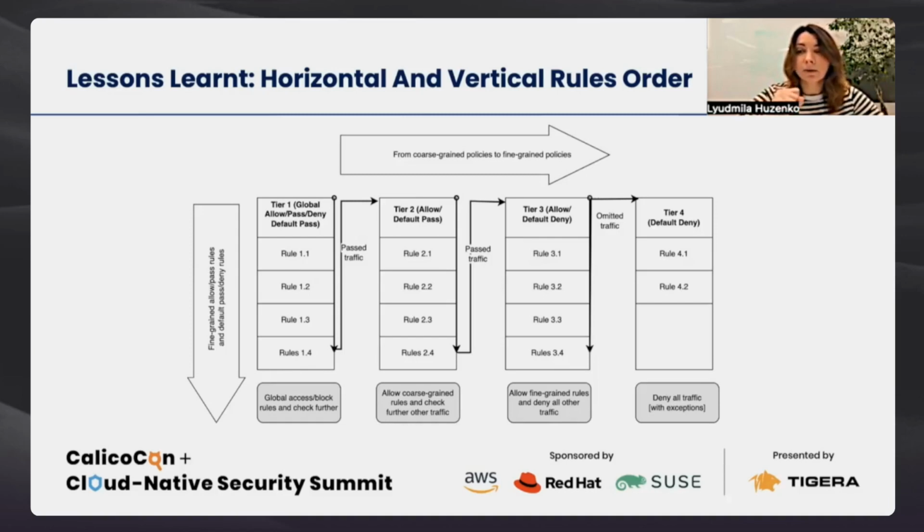And the third type of tier is related to some specific access. So this is some point-to-point policies, some connection between applications. Or in the examples I provided, this is the access to the admin service, access between certain namespaces.